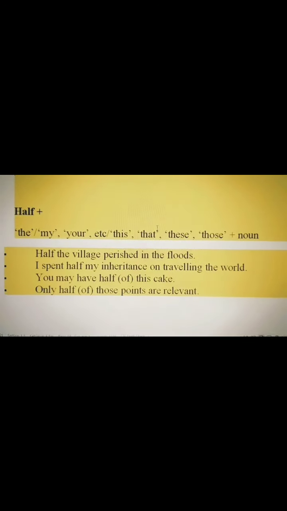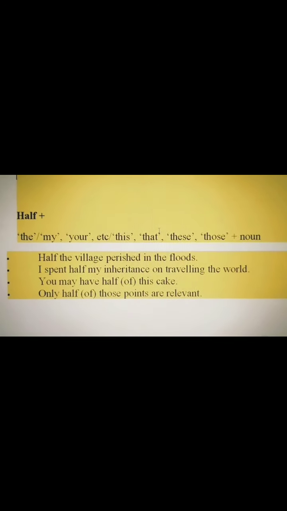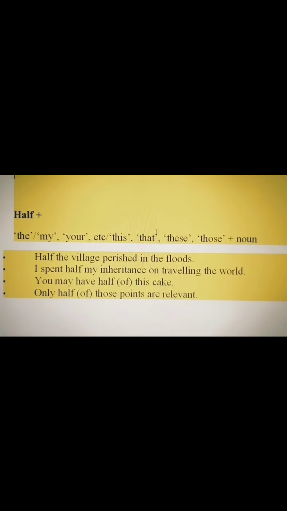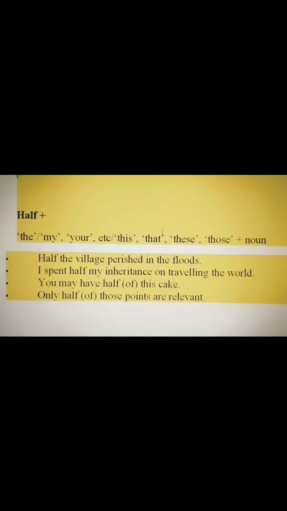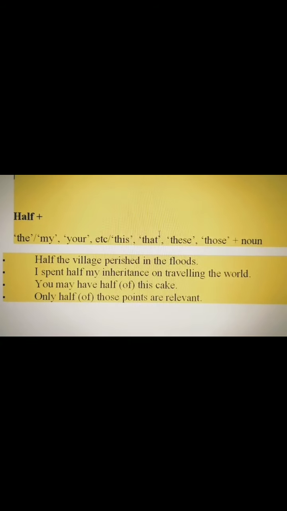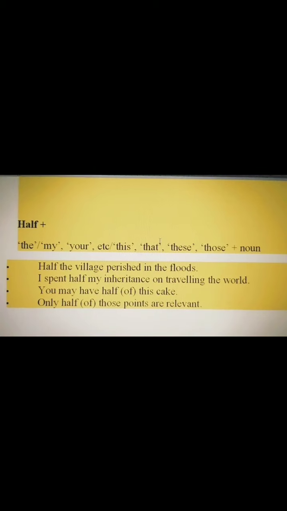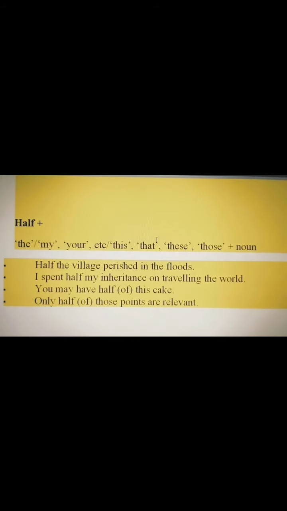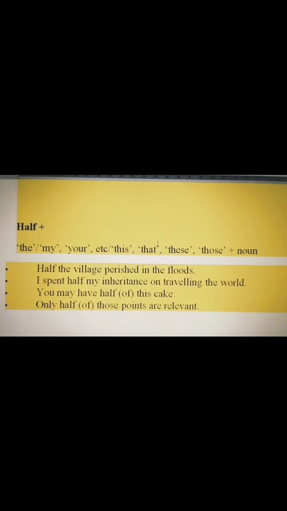Another one, half, that we are going to use with my, your, this, that, these, those. So you can see the examples here. Half the village perished in the floods. Second sentence: I spent half my inheritance on traveling the world.